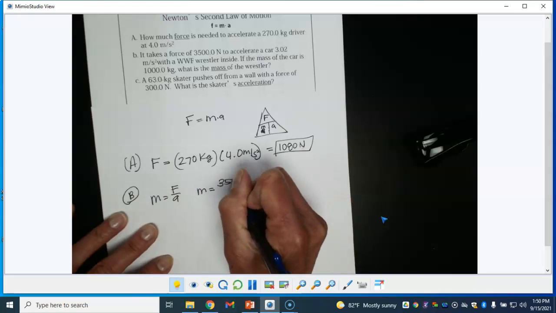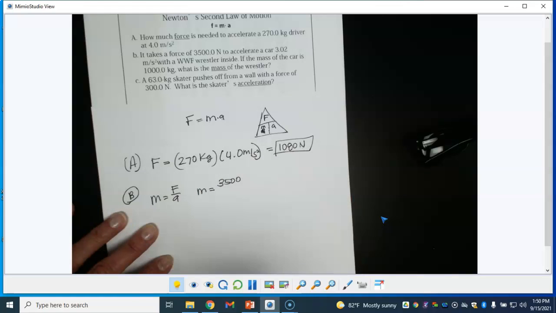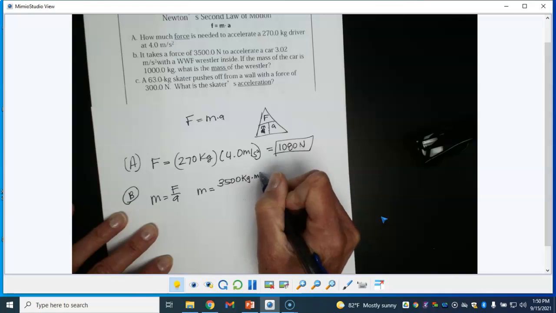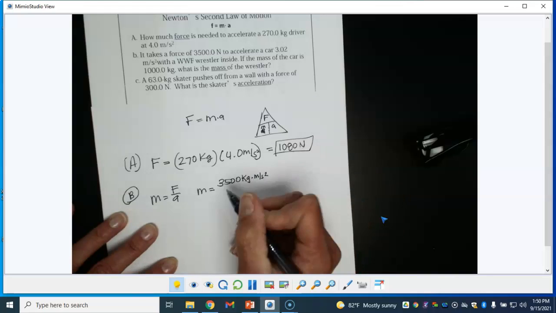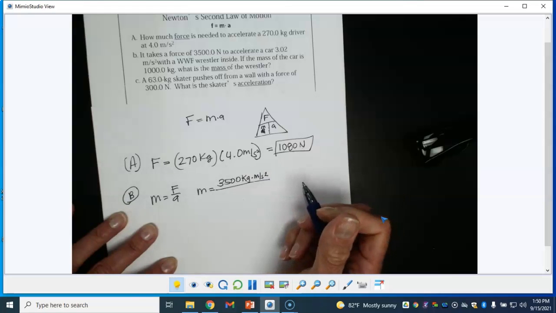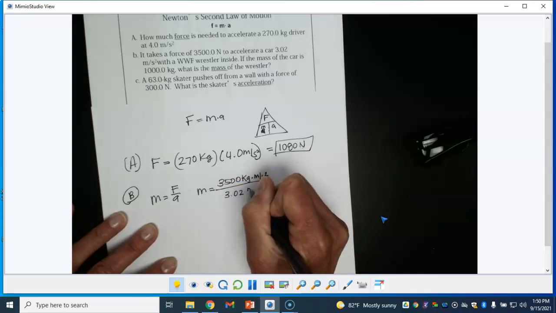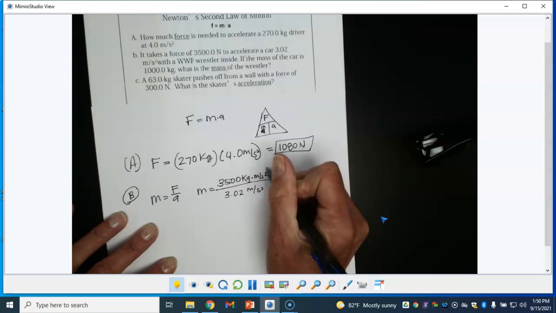Our force is 3,500 newtons. I'm going to break my newton down into a kilogram times meters per second squared, divided by the acceleration of the car with the wrestler in it, 3.02 meters per second squared.